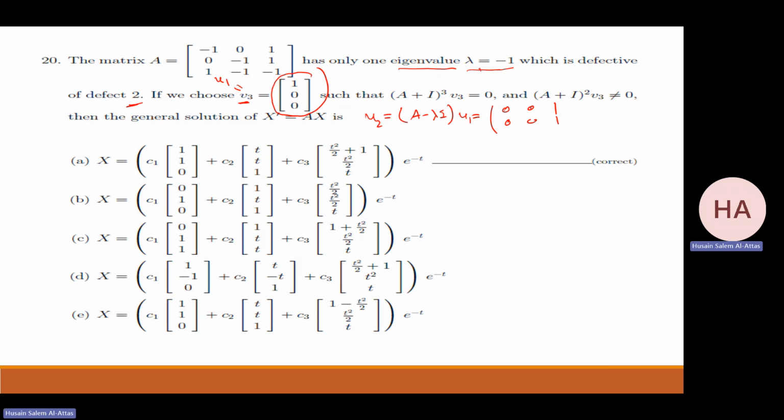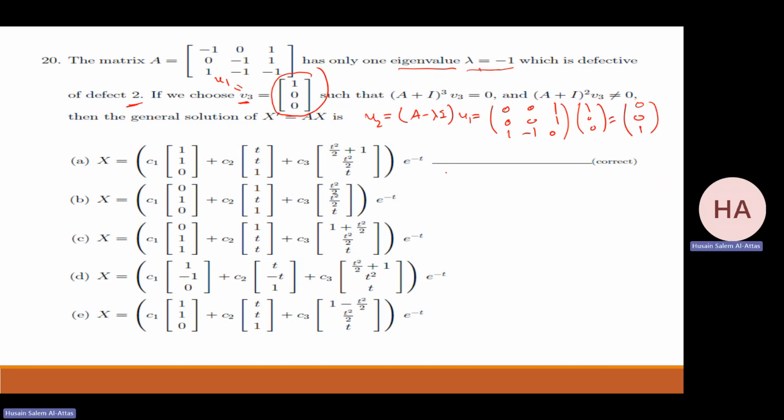Minus 1 minus 1, that will be 1. 1 minus 1, 0. Times U1, which he chose 1, 0, 0. That will give me what? First row, that is 0, 0. The last one is 1.